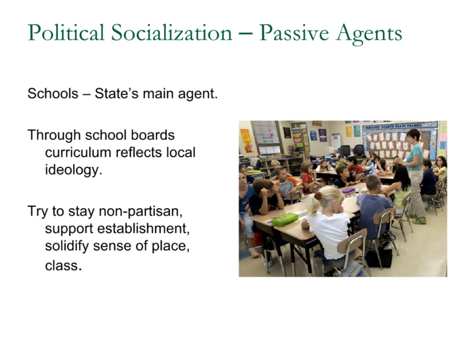The main reason for this is because the curriculum is determined by the school board, and the school board are elected officials. And so schools tend not to be very far out of step with their local communities, because if they are, the school board will lose the next election, and so they try to stay in step with that.